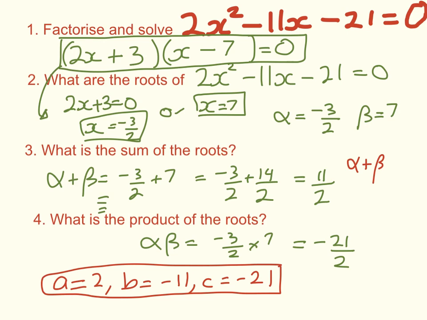Alpha plus beta is equal to negative b divided by a. Right, there's the negative b, negative 11, and there's the 2, which is a. The product of the roots, well, it looks like we've got, for this example, alpha times beta is equal to c over a.